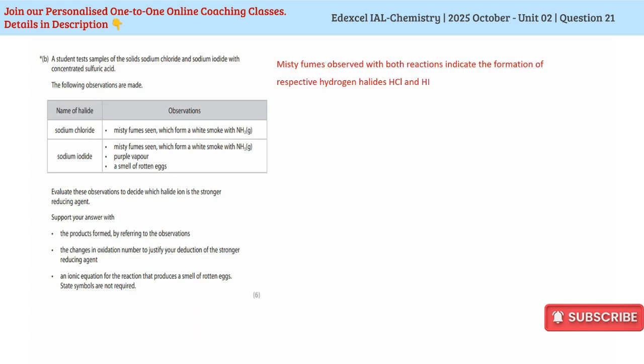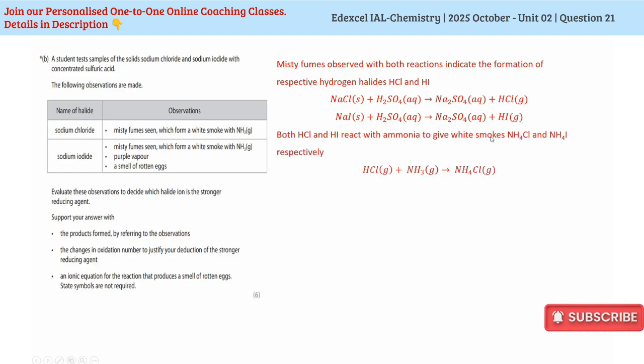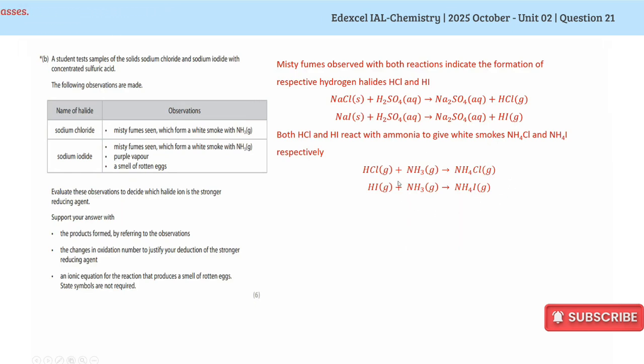So misty fumes is as a result of hydrogen halides, HCl and hydrogen iodide. You can provide the equations for the formation of these compounds, and these hydrogen halides with ammonia give rise to ammonium chloride and ammonium iodide respectively, which is shown in these two equations.